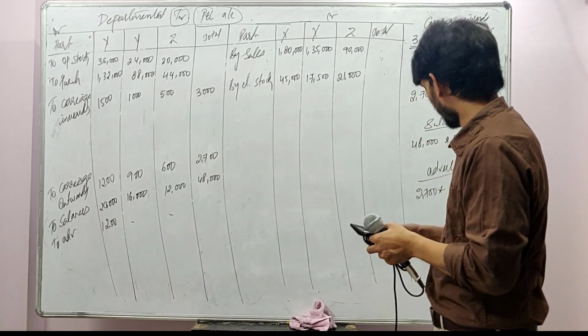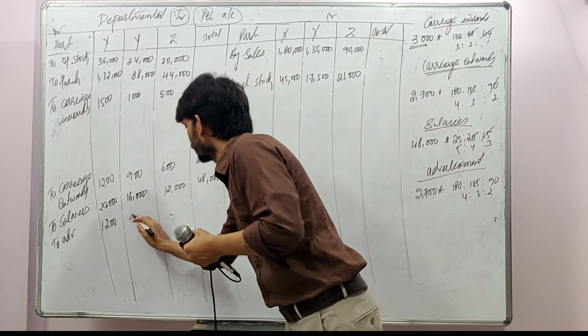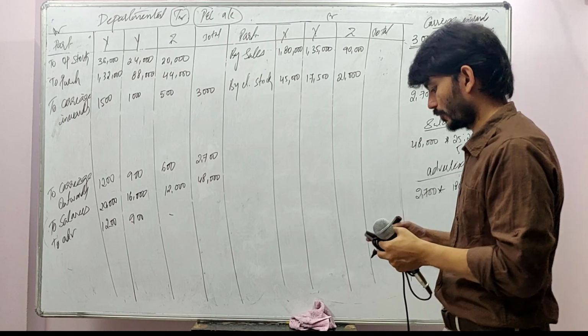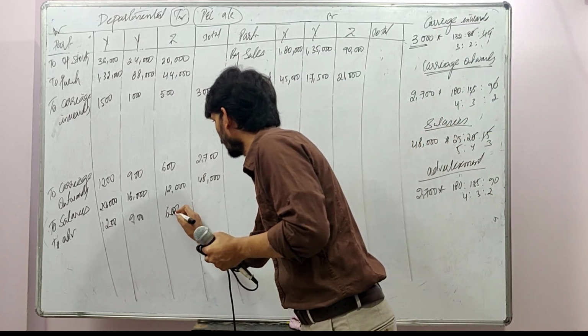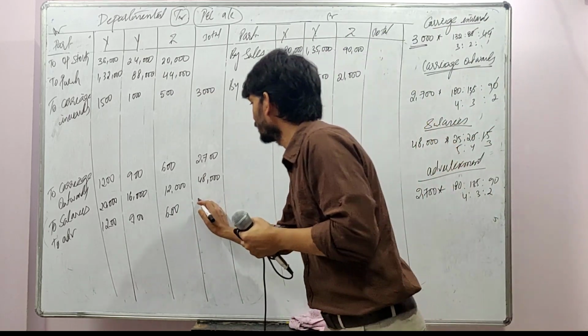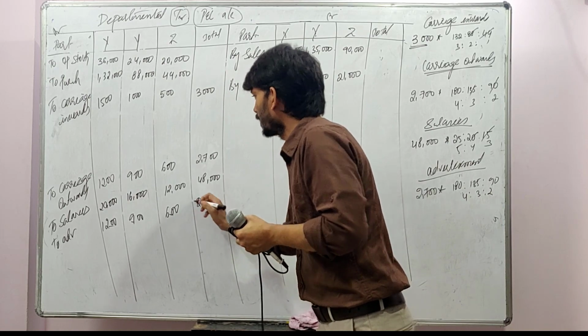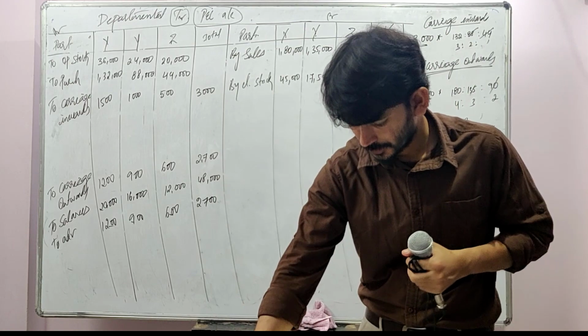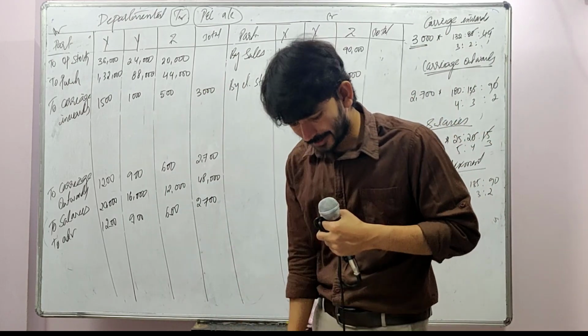Divided by 4 multiplied by 3 is 900. Divided by 3 multiplied by 2 is 600. 1200, 900, 600 is 2700. Exactly. So we could have simply written the above amounts there.